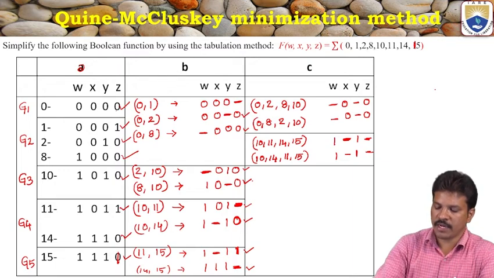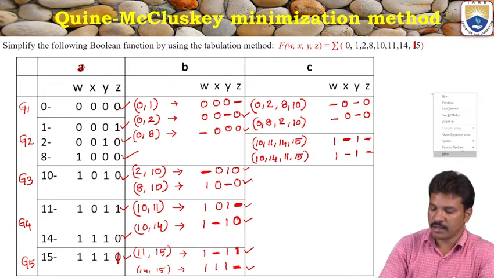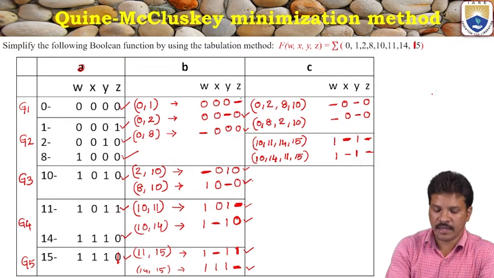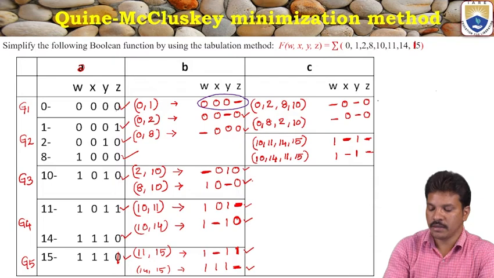So the unmarked ones are all represented by prime implicants. We represent them not with a tick mark but with a star.